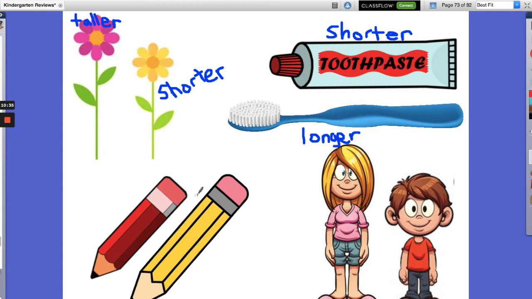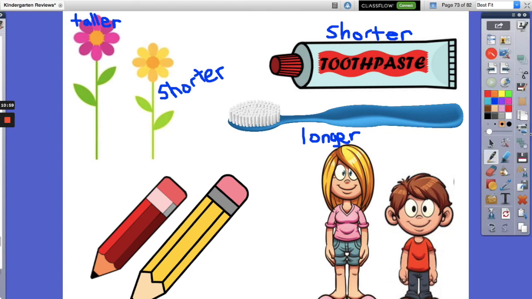So which one of these is longer, the red one or the yellow one? That's right, the yellow pencil is longer. And if I was going to describe that red pencil, I would say that it is shorter. All of our comparisons, when we talk about the smaller object, we use that word shorter.